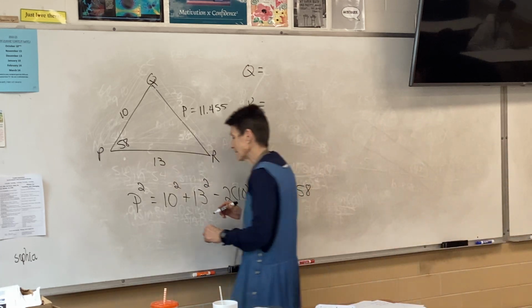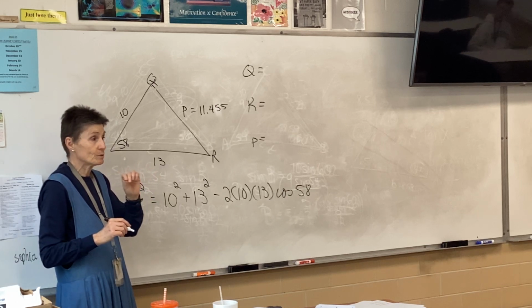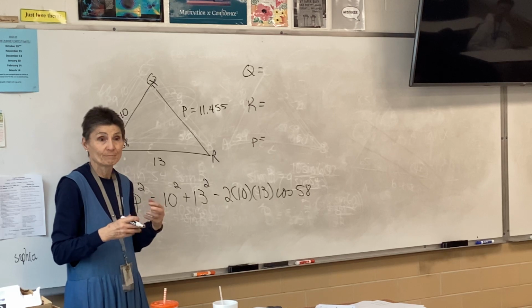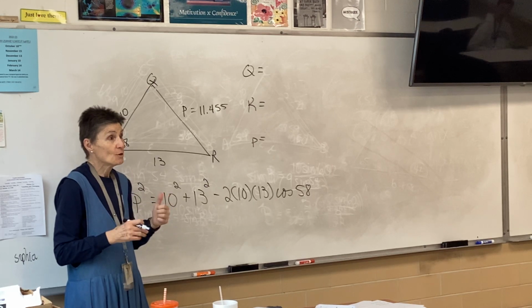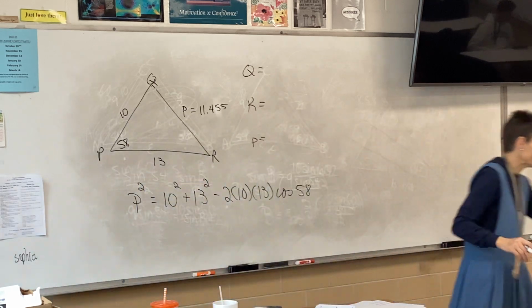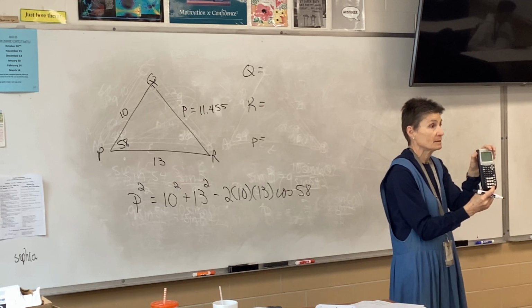Okay, you guys, those of you that got something different, when you square root, you need to square root your answer. Don't type in some rounded off decimal. You have to square root your answer. So down at the bottom, you have an answer button right here above the negative sign.